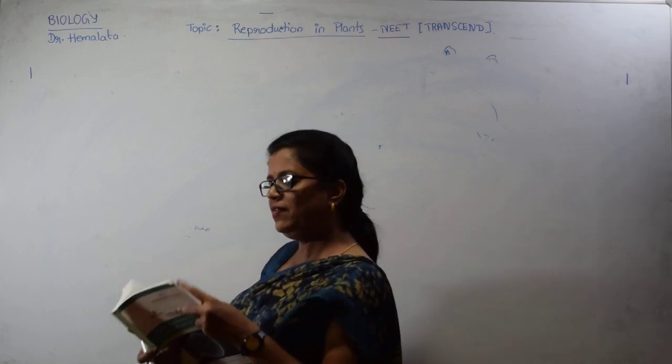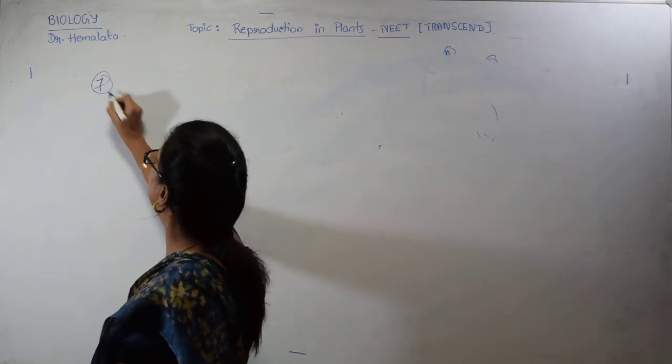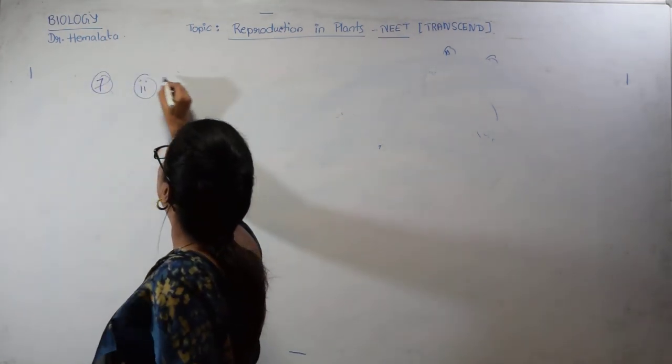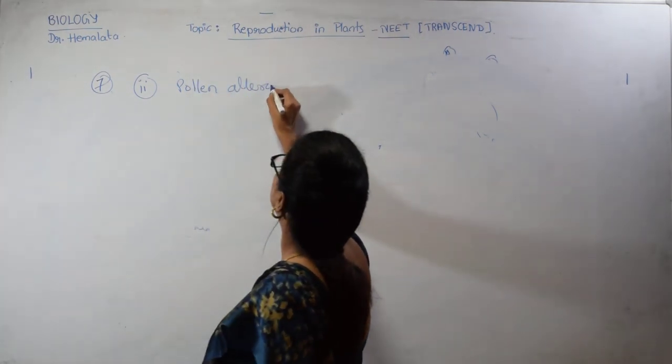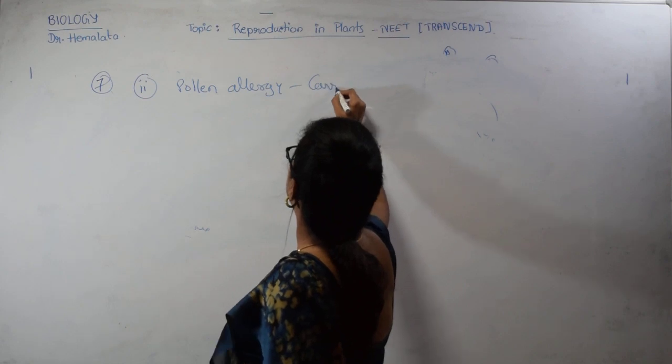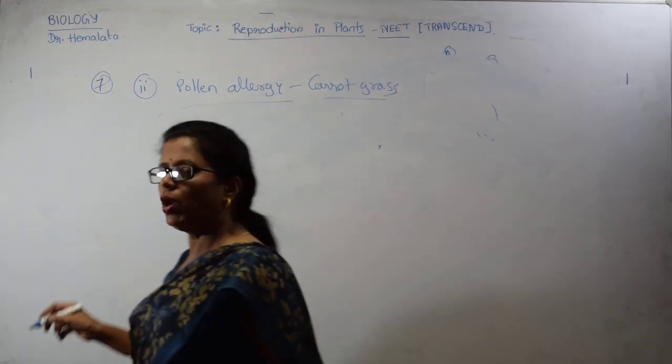Then the second option given is pollen allergy. That is question number 7 I am giving you. The second option given is pollen allergy by carrot grass. It's a kind of grass which produces a lot of pollen grains.